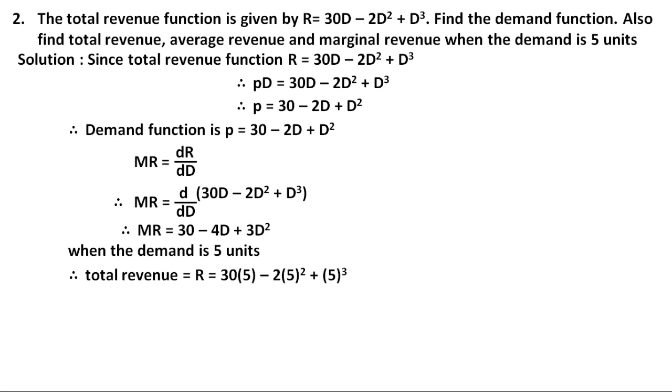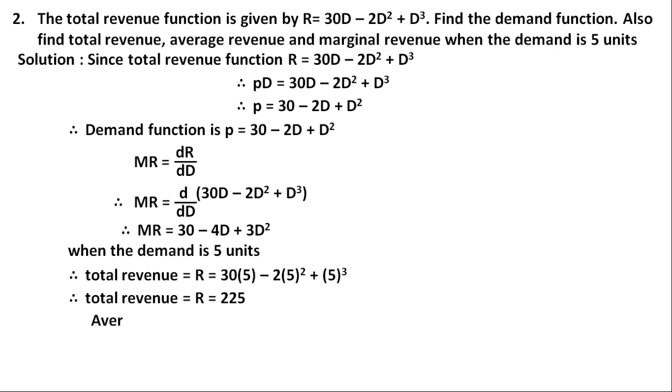Therefore, total revenue R is equal to 225. Now you get total revenue. Next, average revenue.